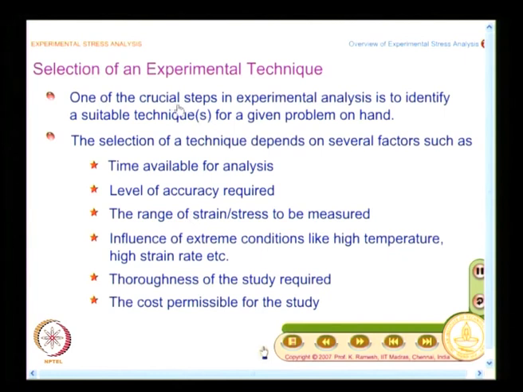One of the crucial steps in experimental analysis is to identify a suitable technique for a given problem at hand, and we have seen that it depends on several factors: time available for analysis, level of accuracy required, range of strain or stress to be measured, influence of extreme conditions like high temperature, high strain rate, etc. Then you also have to look at the thoroughness of the study required, and finally, the cost permissible for the study, which is equally important.